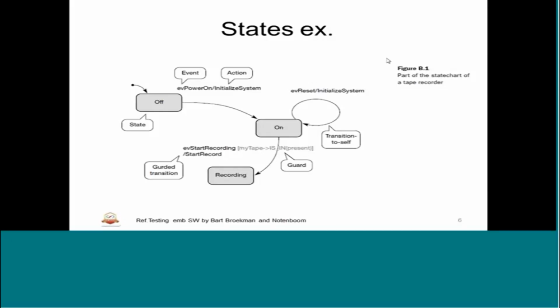Three important things that we need to remember are the state itself, then there is an event, and based on that event, action will be taken. That means it is in the off state when the tape recorder is off. Once it is powered on, the power on is an event. The action of that is the tape recorder will be powered up and it will start initializing the system.